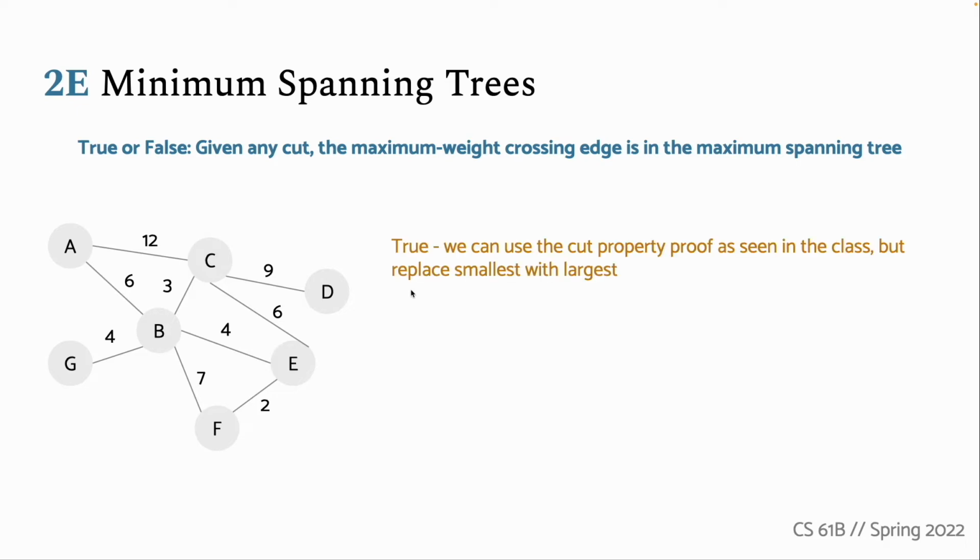This is true, and the reason is because of the cut property proof, which basically means that if you cut a graph in any way, for instance, let's take this graph and we cut it, the minimum edge that spans that cut, so in this case there are 4 edges, a 9, the 6, the 4, and the 7, this minimum edge is guaranteed to be in our minimum spanning tree, which is just a fact. Likewise, if we do the same thing but flip it, the largest edge will be in our maximum spanning tree, and the same proof can apply.